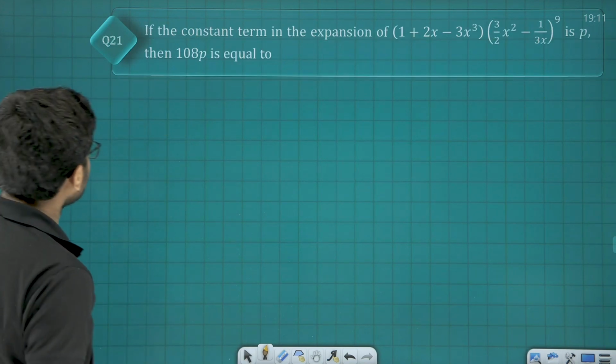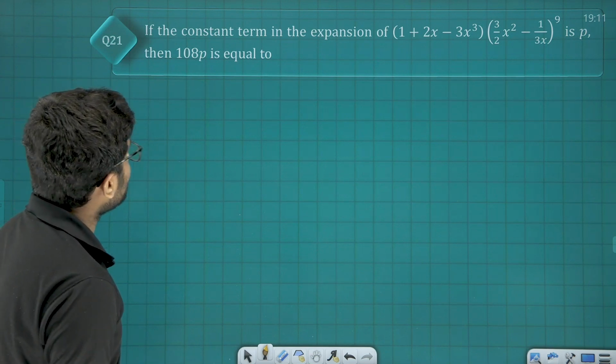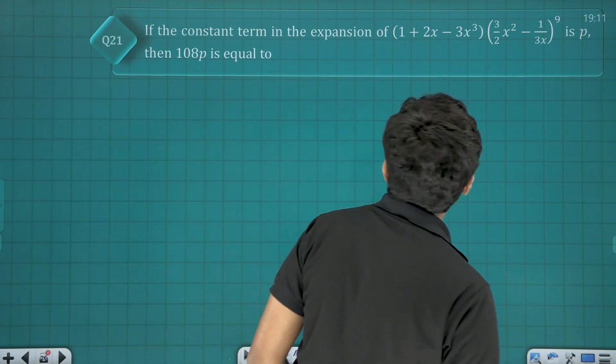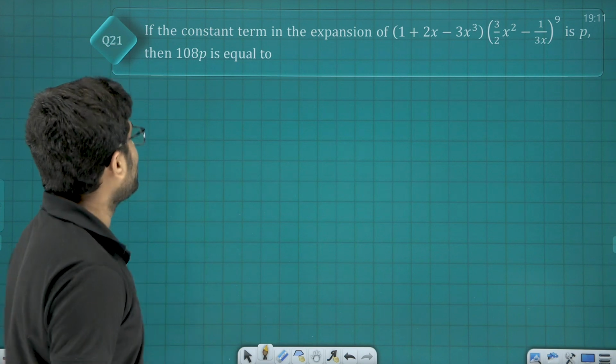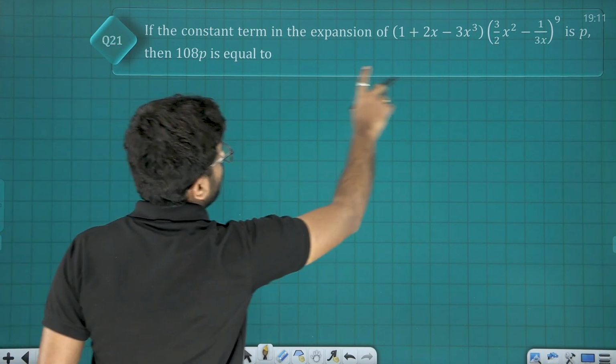Next one. If the constant term in the expansion of so and so is p, then 108 into p is equal to... First let's write the general term of that.